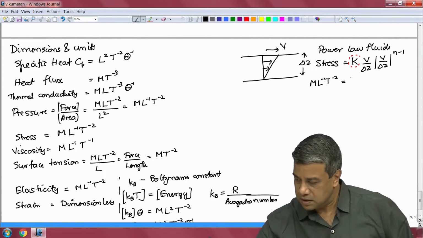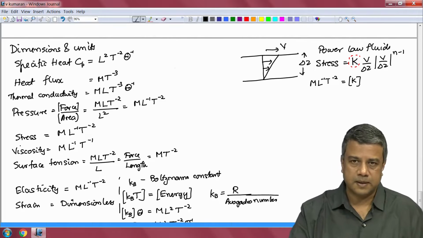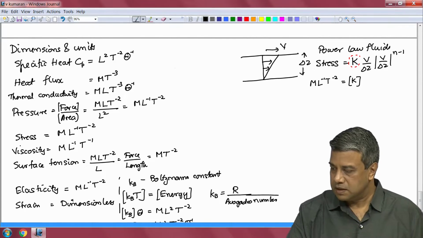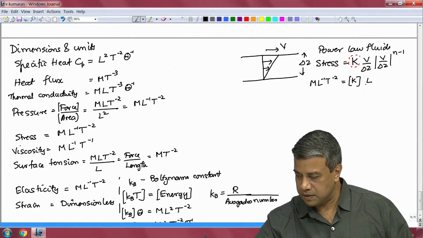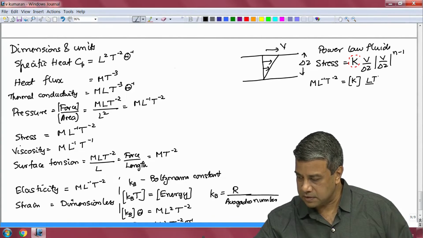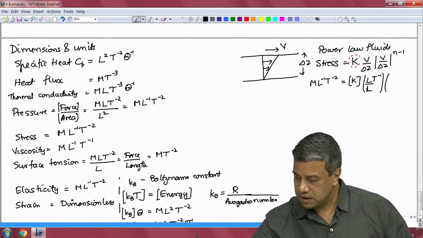Is equal to the dimension of this index K, times the dimension of V by delta z, that is L by T, the velocity is length per unit time, divided by length, times another length per unit time by length to the power of n minus 1.